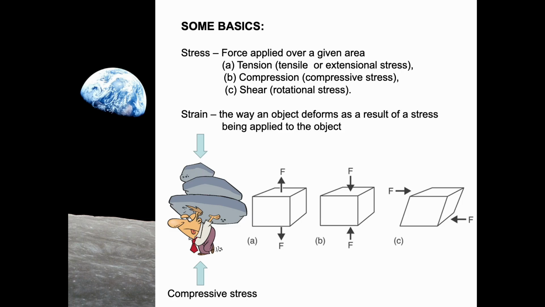So in this cube, it's being deformed or strained by opposing forces that are meeting each other at an angle rather than head-on like we have in compression. And that gives a rotational stress. This block is trying to rotate in a clockwise manner. And that's the way it's being strained.